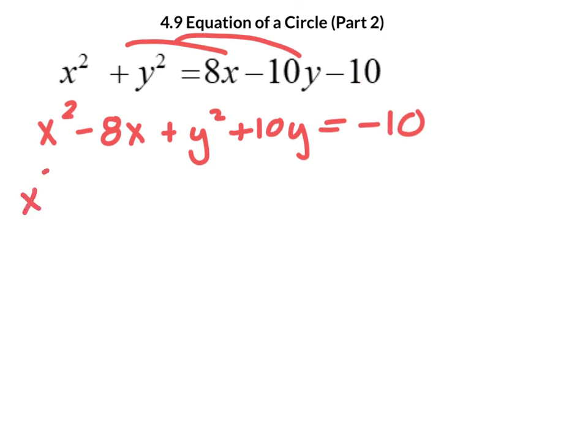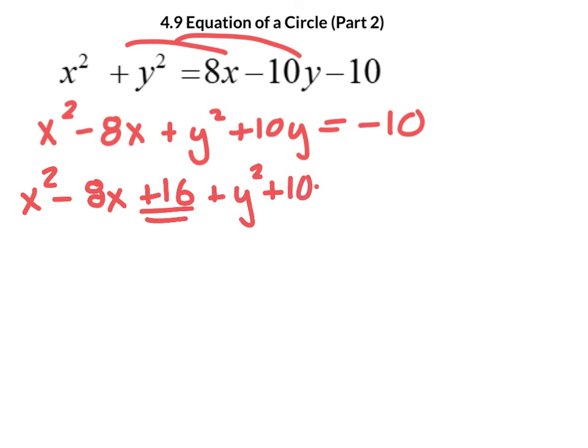So you know what to do. We are going to take half of negative 8 and square that. So negative 4 squared is 16. There's one of our numbers. We are going to take half of 10y, which is 5y, and square that. That's a 25. We made that.